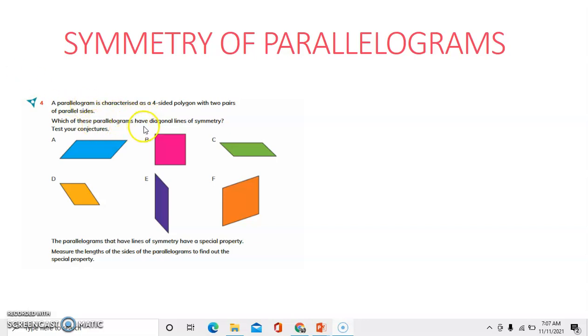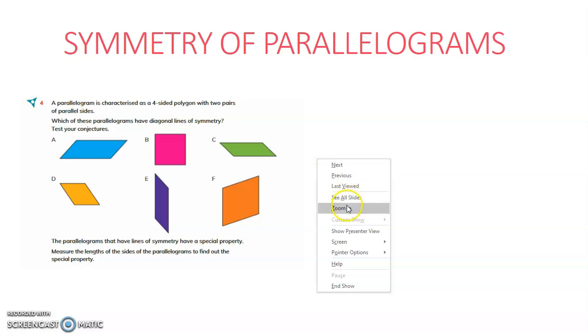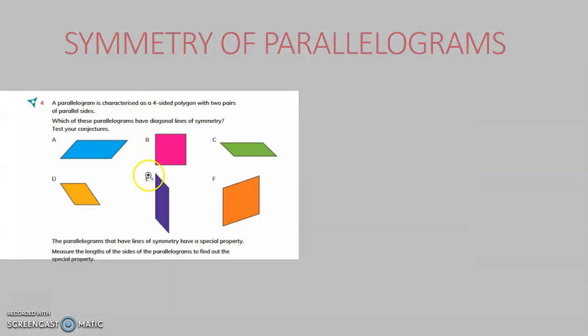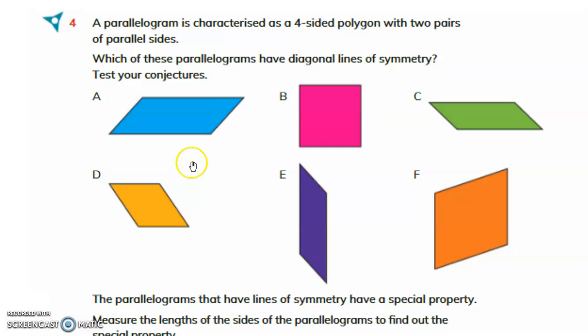Now, which of these polygons have diagonal lines of symmetry? Let us see whether these have diagonal lines of symmetry.